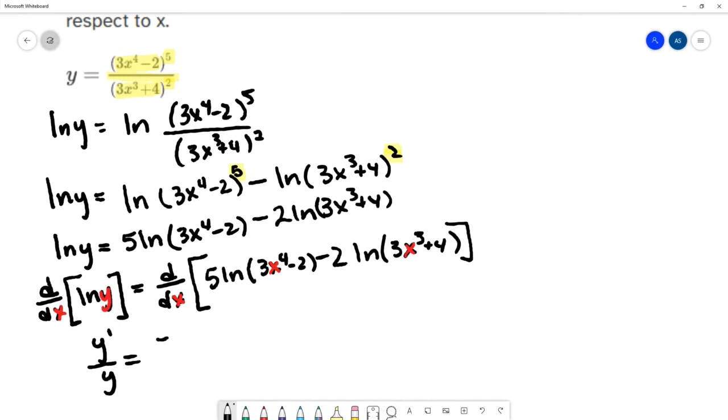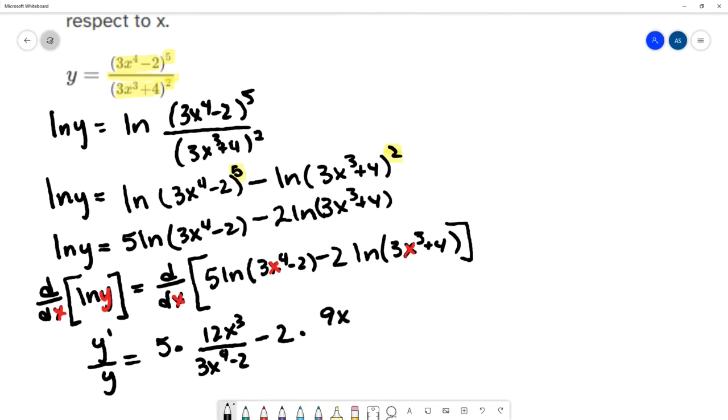That would give us 5 times the derivative of 3x to the fourth minus 2, that would be 12x cubed, over 3x to the fourth minus 2, minus 2 times the derivative of 3x cubed plus 4.